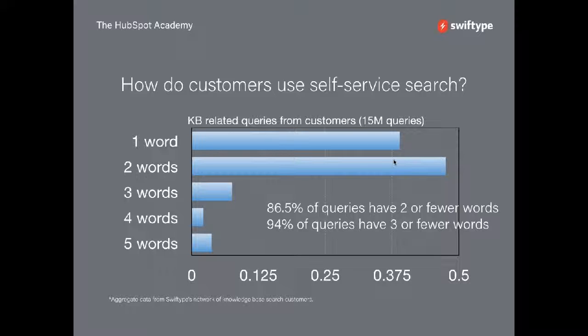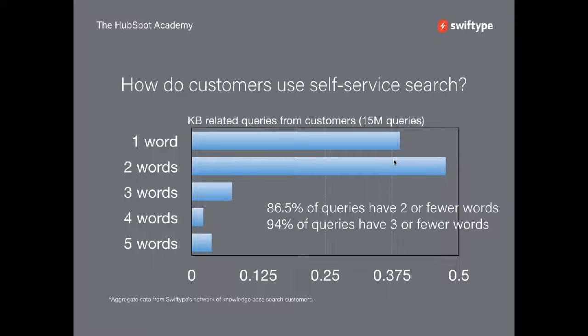So we looked at knowledge bases, and we took our large network of knowledge base customers and analyzed over 15 million queries to find out what length these queries usually are. As you can see, the vast majority of these queries coming in are just 1 or 2 words. People might be asking, email or email template. They might just be writing a couple words. And so 94% of queries are 3 or fewer words.